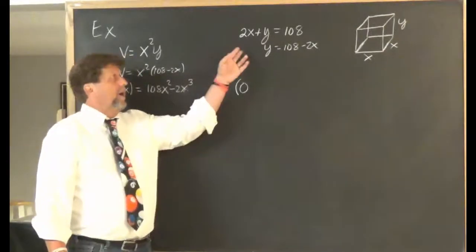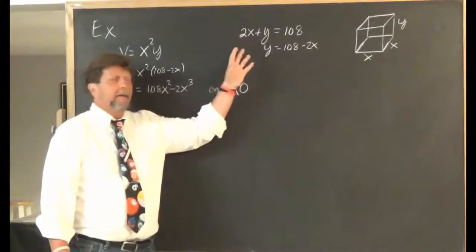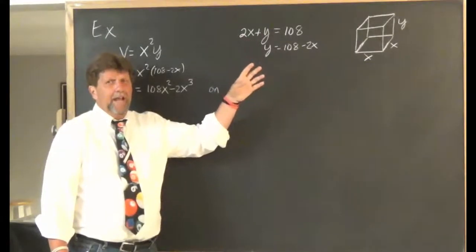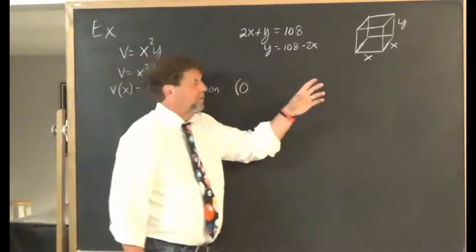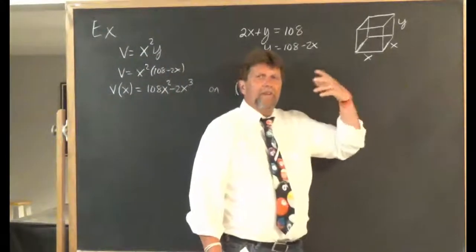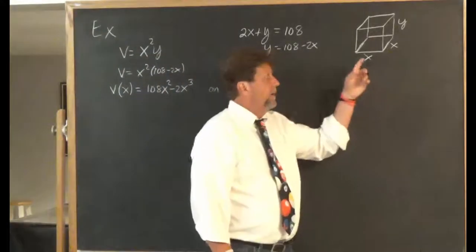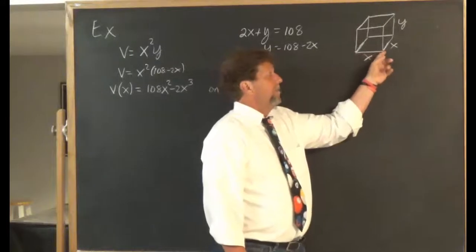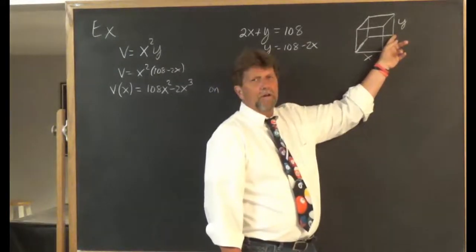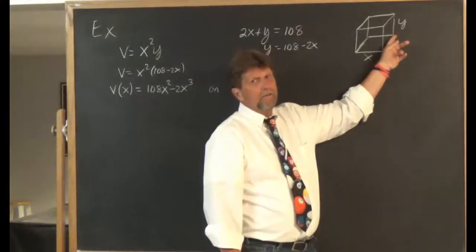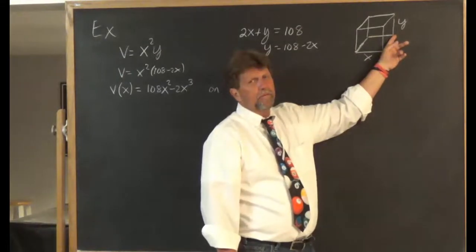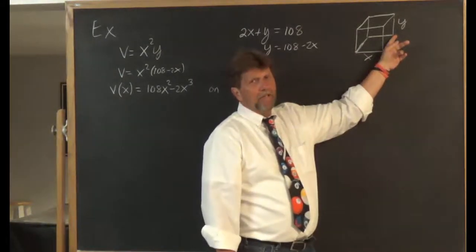Well, we know 2x plus y, the most it can be is 108. So half of 108 is 54. So if I made this side 54 and this side 54, then my height would be 0. Again, that's not much of a box.